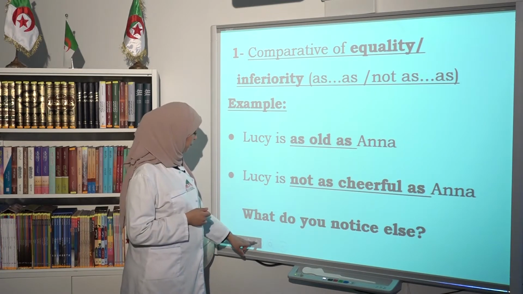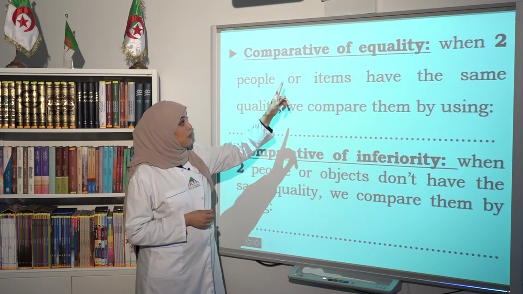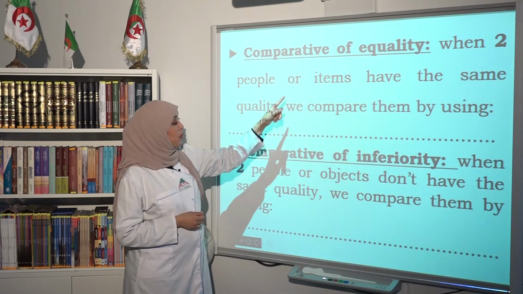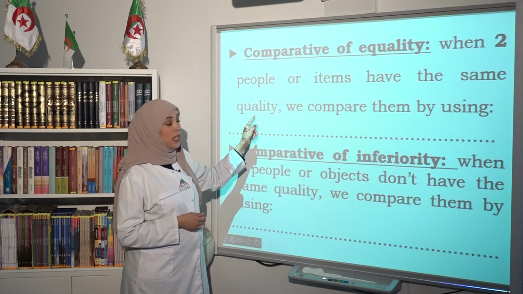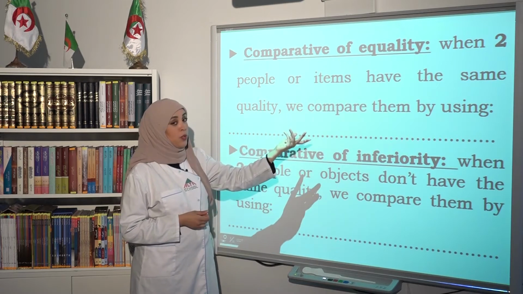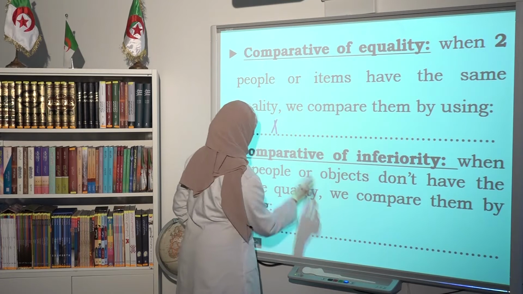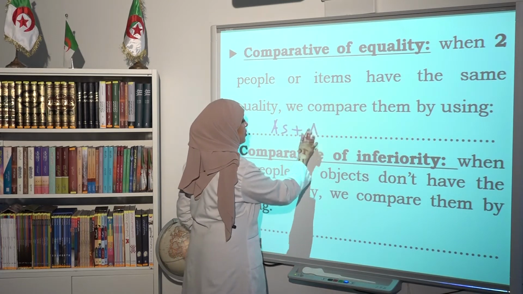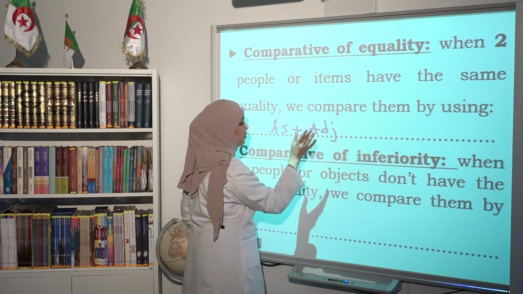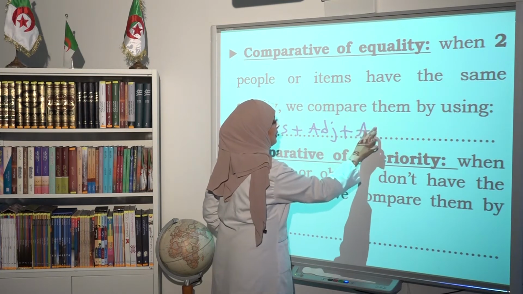All right? So comparative of equality, when two people or items have the same quality. We compare them by using what? Using as, yes, so as plus adjective, whether long or short, doesn't matter, plus as.